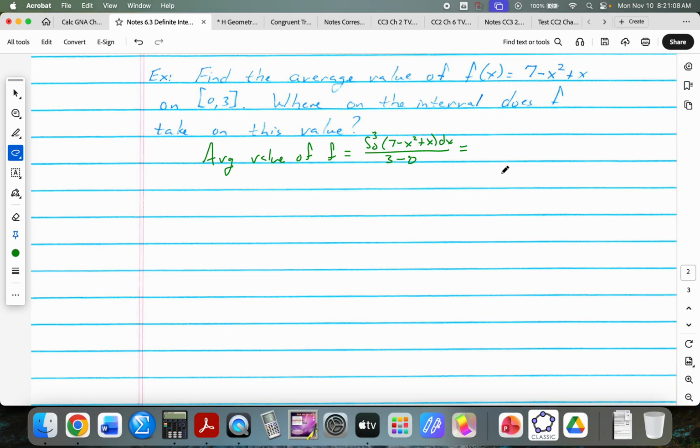So the integral from 0 to 3 of 7 minus x squared plus x, all with respect to x. That comes out to be the very nice 16.5 over 3, which is 5.5.